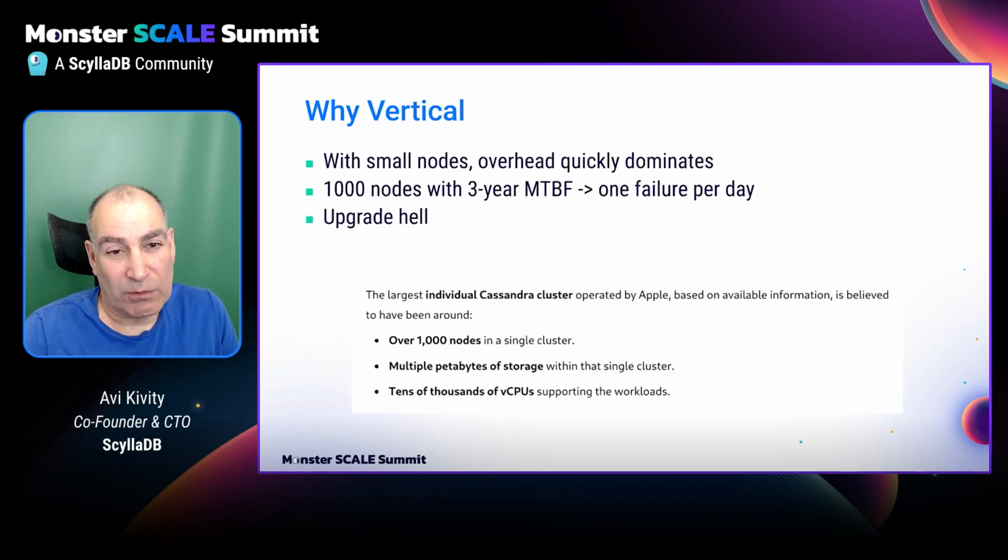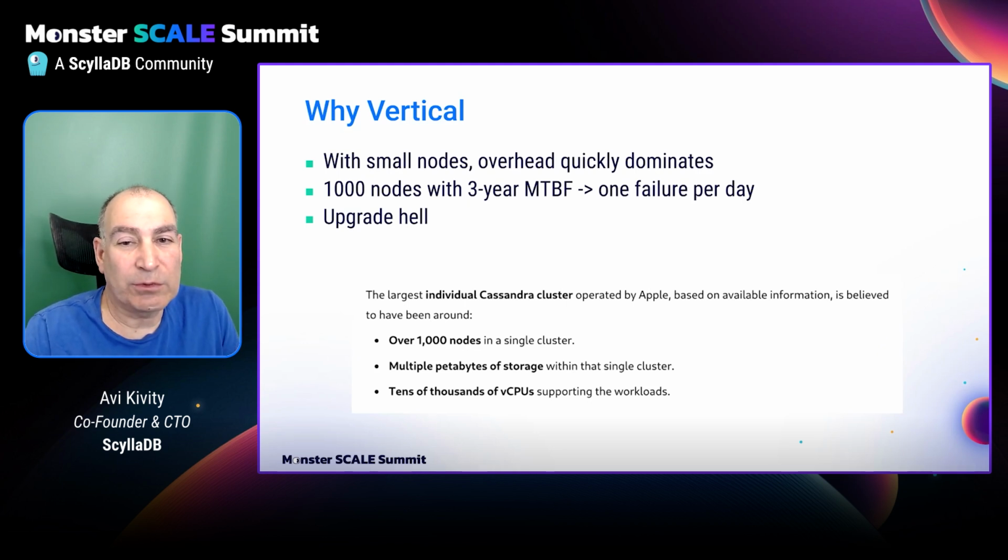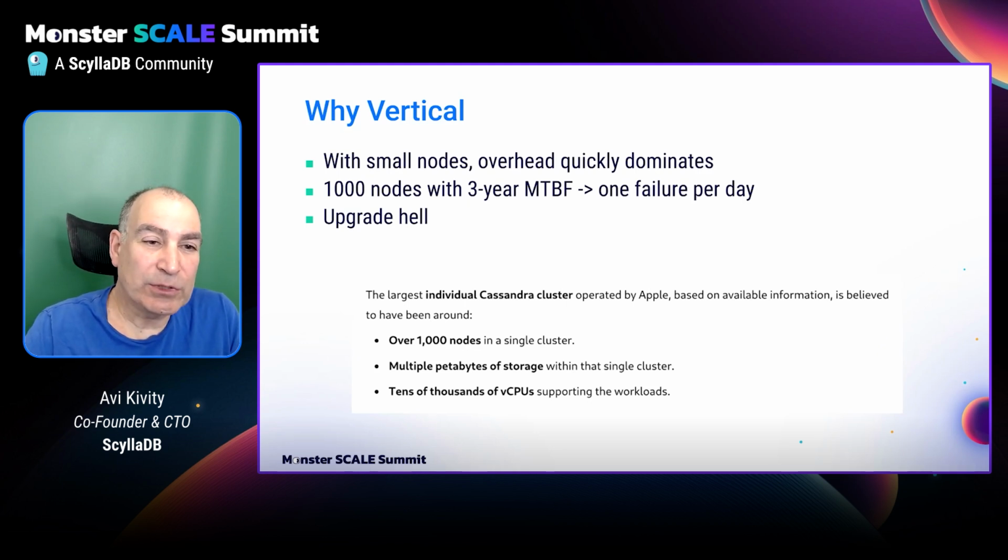So, we agreed that horizontal scalability is great and necessary, but why vertical? When you have small nodes, the overhead quickly dominates. You need to leave some memory and some CPU for the operating system. You get networking overhead.